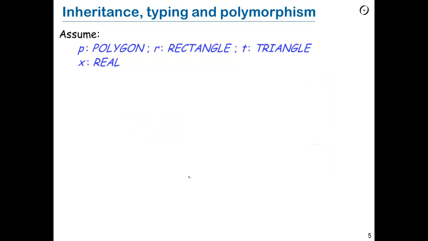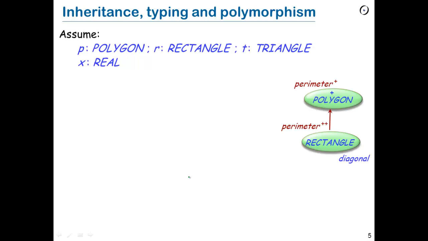With this example inheritance hierarchy in mind, we can do quite interesting things going beyond polymorphism. Let's assume that we have variables p of type polygon, r of type rectangle, and t of type triangle. X is going to be an auxiliary variable to host the perimeter results. Remember the inheritance hierarchy that we had, just the relevant part here.